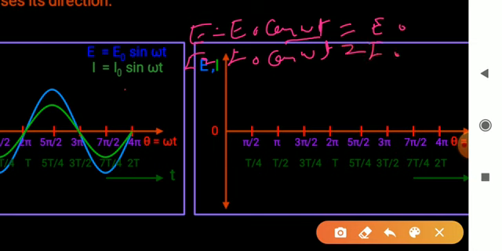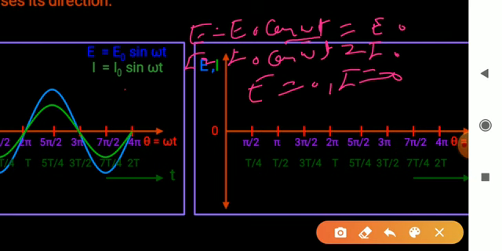And cos pi by 2 is 0, so E equals 0 and I equals 0 at pi by 2. At 3 pi by 2, cos pi by 2, its value is minus 1.